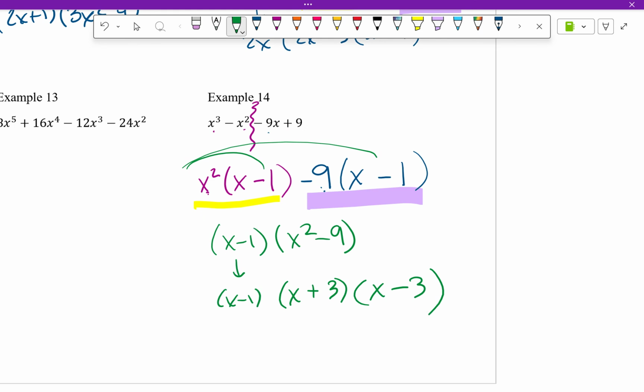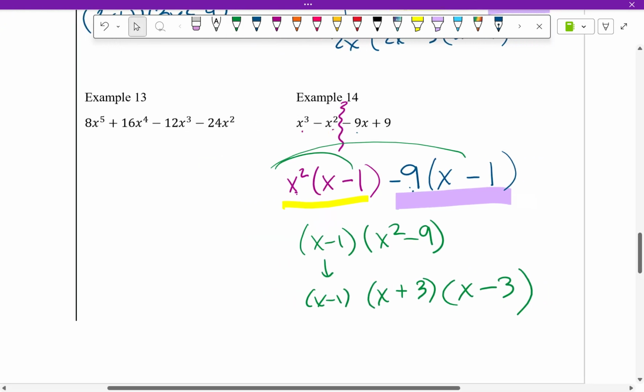All right, we're going to leave 13 a mystery, because we're going to have to... Actually, no, we don't have to leave it a mystery. We still have about 4 minutes. Try 13. I'll give you about a minute and a half, 90 seconds. Hint, you need to look for a greatest common factor first.